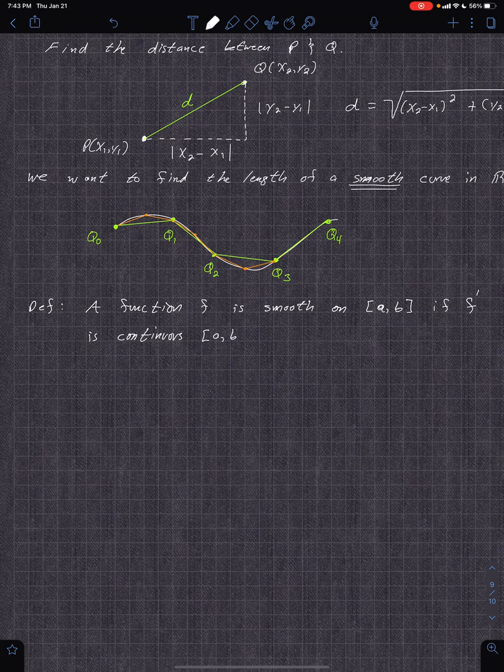So not that f prime exists, right? That's different. Smooth means f prime is continuous. That's what we mean by a smooth curve.